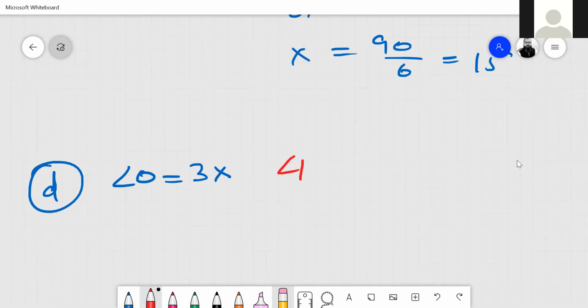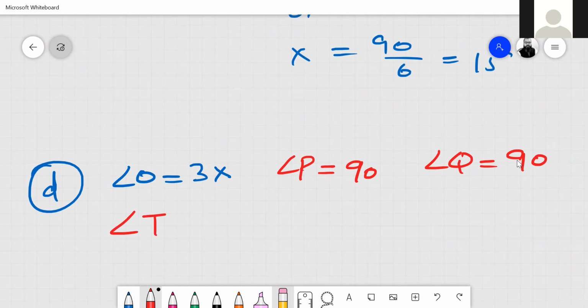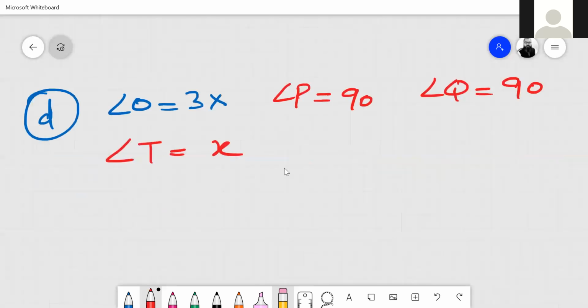Angle P is equal to 90. Angle Q is equal to 90. Angle T is equal to x, which we want to find. And you can see that OPTQ is a quadrilateral. Is it right?